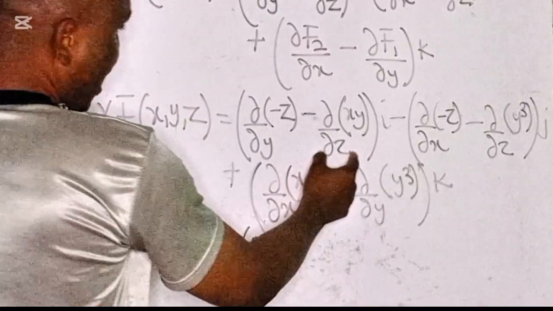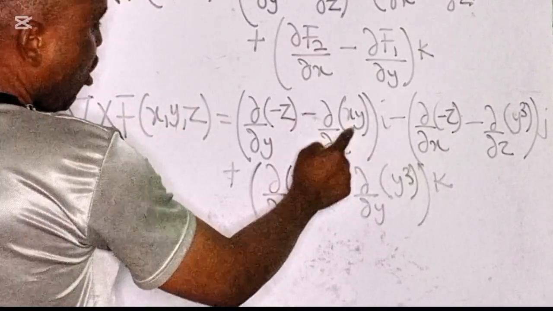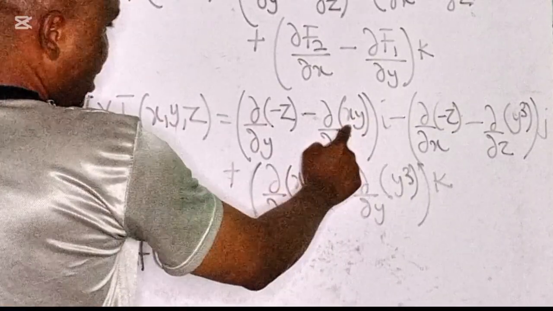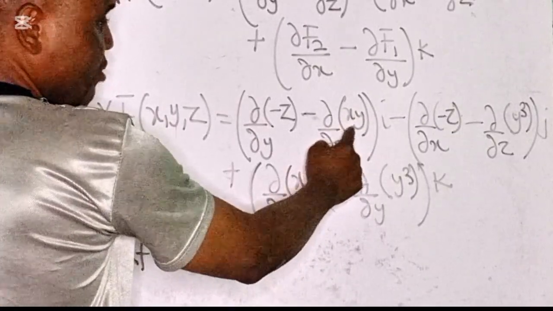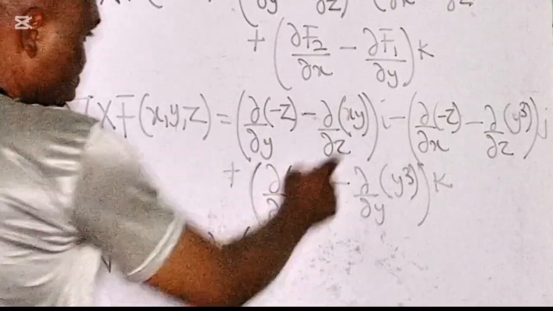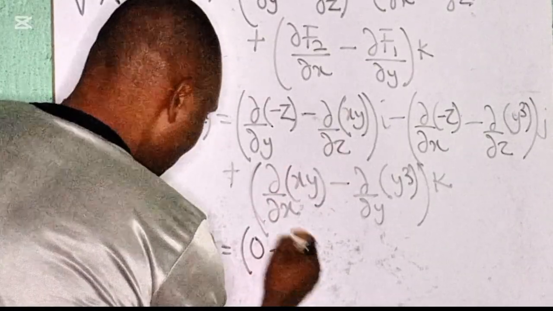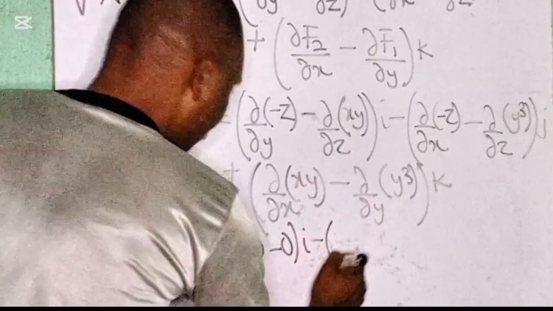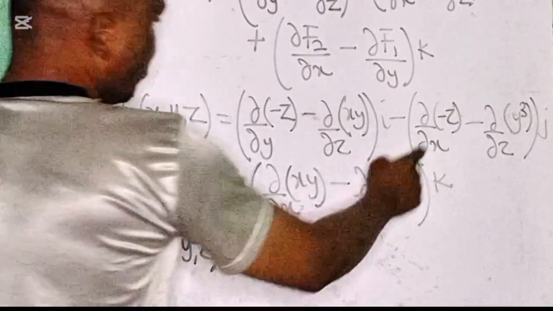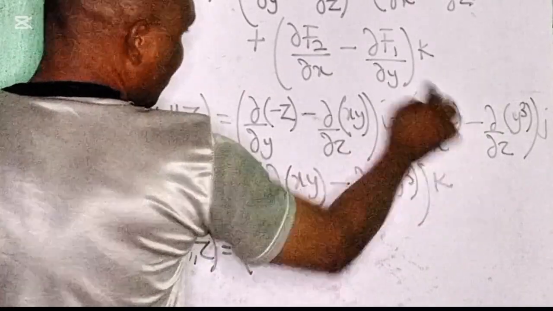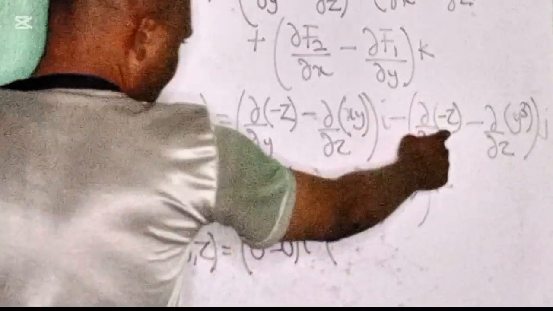Also, I'm looking for the partial derivative of this function with respect to z, but what I'm differentiating is xy, so it's different from what I'm having here. So here too is 0, that is i. Is that clear? Then minus. Now, I'm also looking for the partial derivative of this function with respect to x. But there is z, so obviously here too is 0.